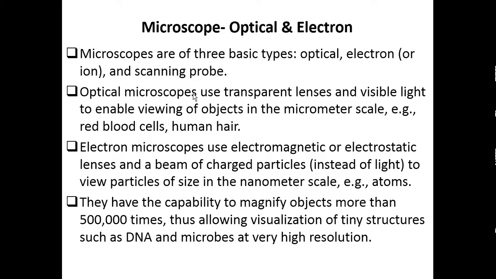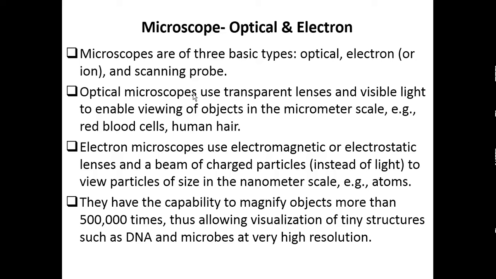This electron beam, depending upon the beam characterization, is to be passed through an aperture. So in electron microscope we have either electromagnetic or electrostatic lenses, while in optical microscope we have optical lens.